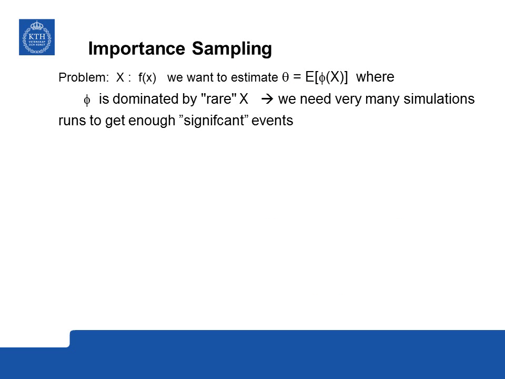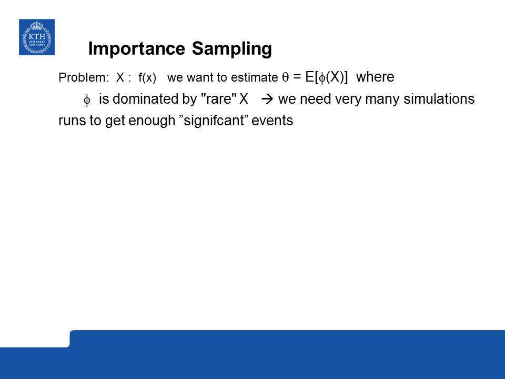The next technique has significant application to telecommunication applications, and this is called importance sampling. It has to do with estimating parameters corresponding to rare events that happen with very low probability, where our simulation otherwise will be very, very inefficient. The problem is that we have, as usual, x with the distribution f of x, and we want to estimate the expectation of phi of x, called theta here, where this function phi is dominated by rare x.